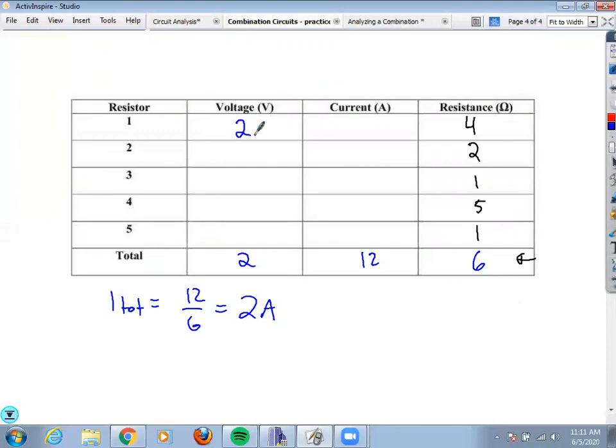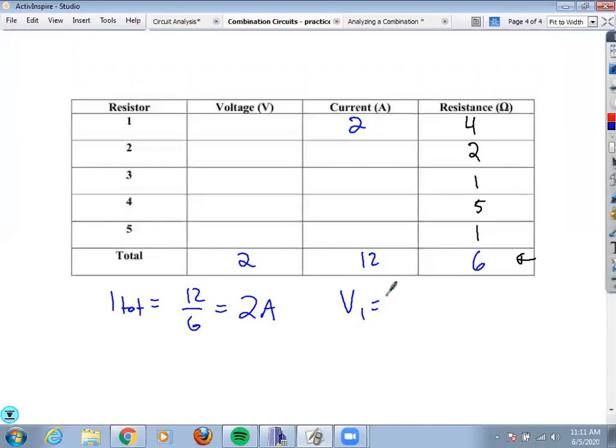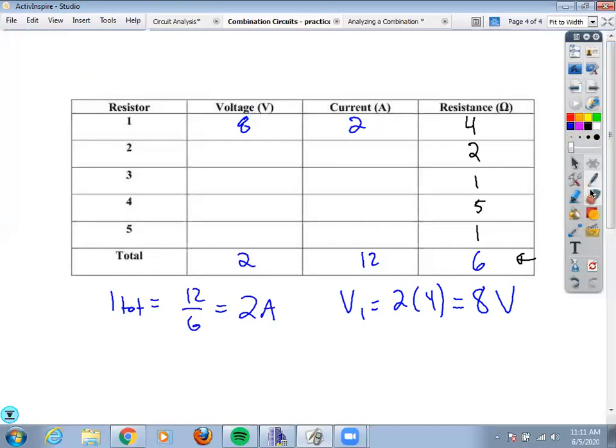Which leads us to 2 amps for I1, so V1 equals I1 R1, so 2 times 4, which is 8 volts. I wrote these in the wrong spot.